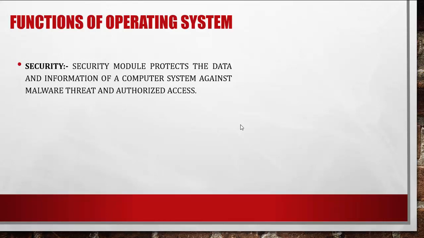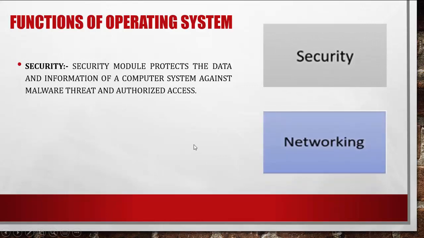The same is also available if you have provided password protection to any file or folder. Whenever you want to open that file or folder, you have to provide a password. So in that case, security is provided by the operating system.